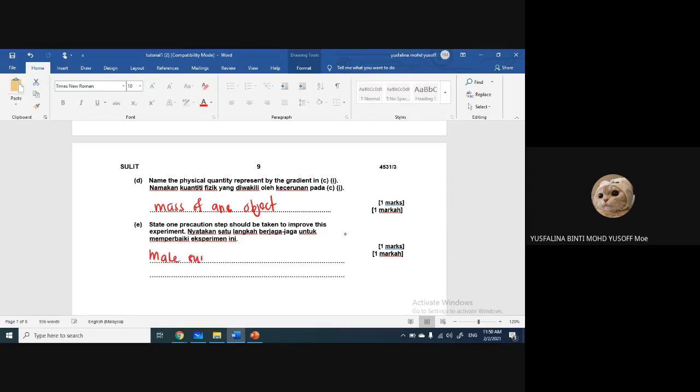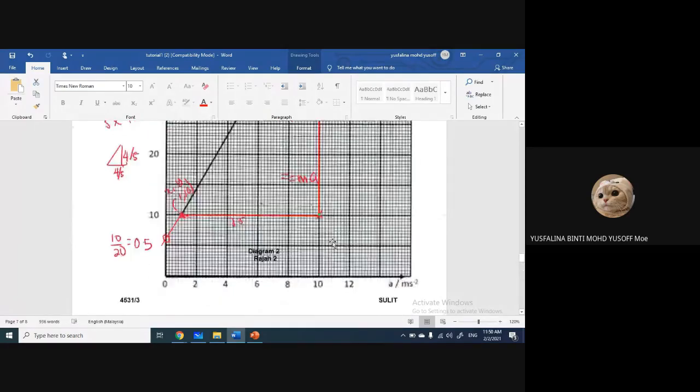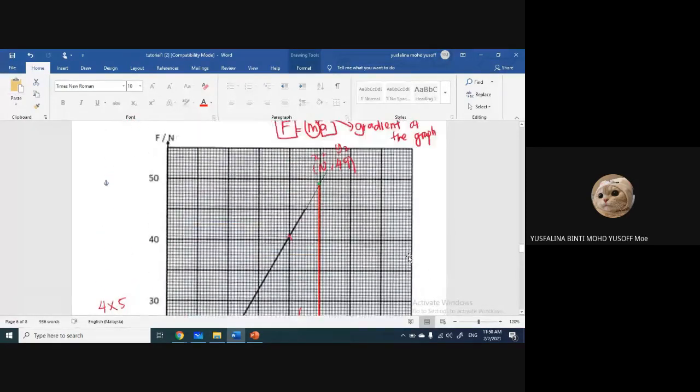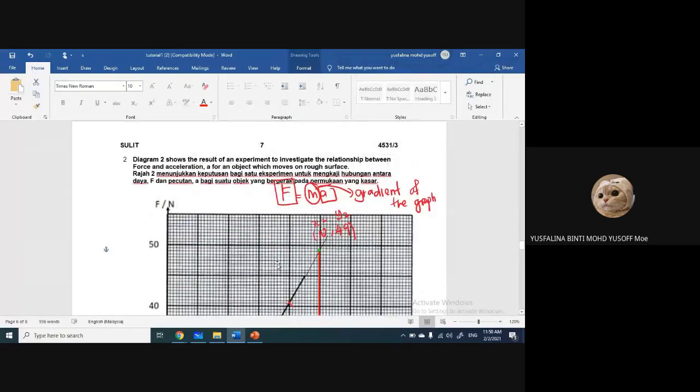Make sure your eyes are perpendicular to the scale reading. Okay, so let's see what measuring tool we use here. From the graph you can see you have meter here, right? Meter, and then they have Newton here.